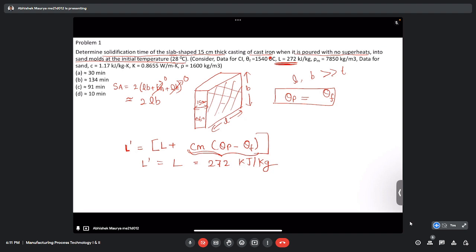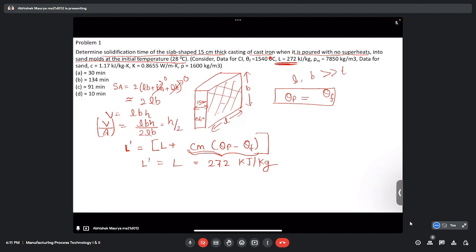If we find the volume of the casting, volume is equal to length into breadth into height. If we find the ratio of volume by surface area, V by A, and substitute these values, we get L B H divided by 2 times L into B, which is equal to H by 2.